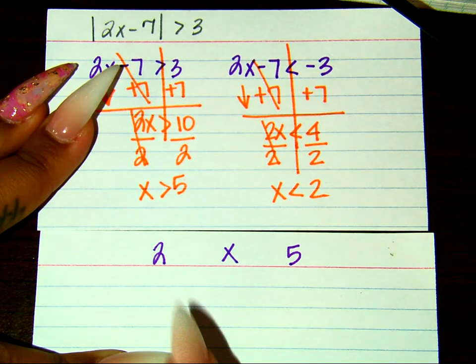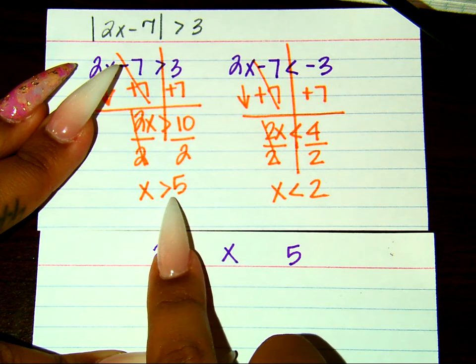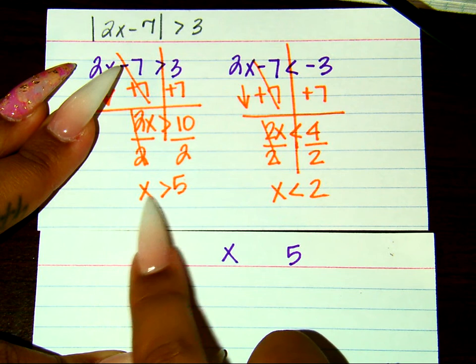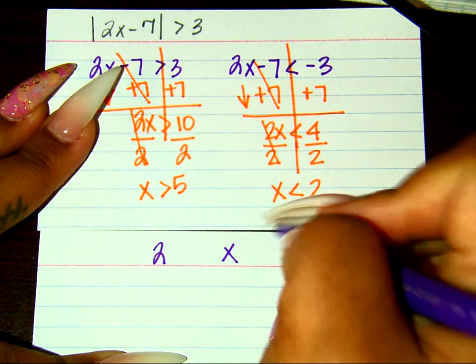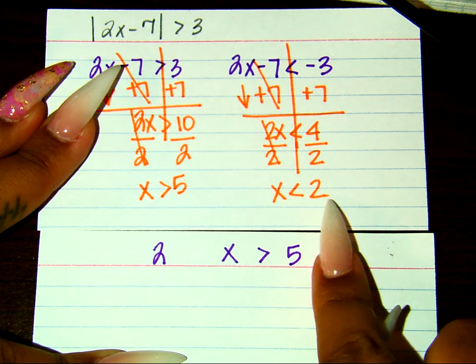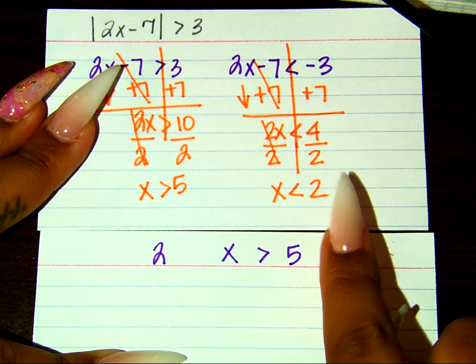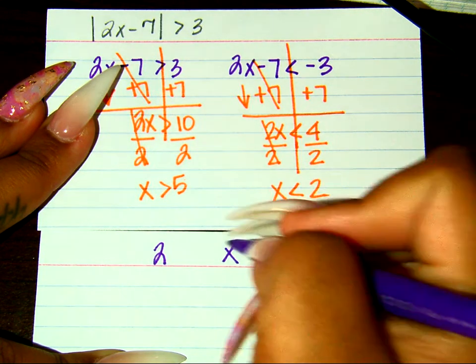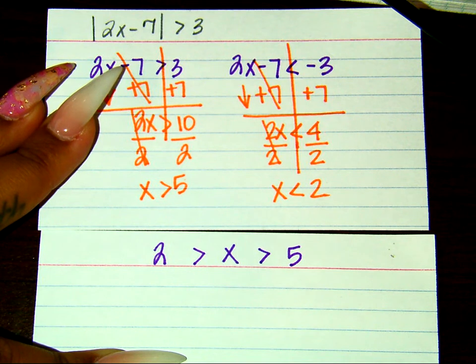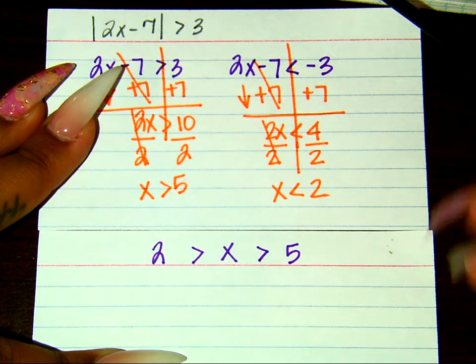Okay, and then when I'm looking at the x and the 5, I see that the mouth is open towards the x, so I am going to open it towards the x in this case. And when I look in reference of the x and the 2, I see that the mouth is open towards the 2, so I am going to have it opening towards the 2. This is an or problem.